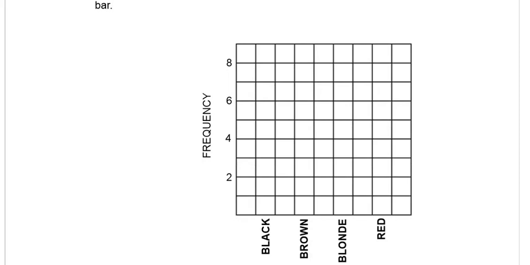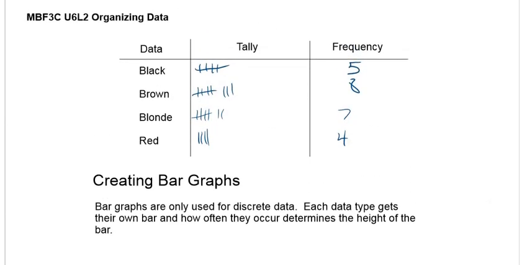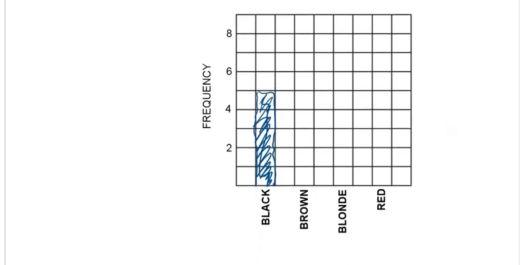For black hair, we said that's going to be 5. You're going to use a ruler for this, but because it's a little hard to do with my tablet, I'm just going to draw as neatly as I can. We said 5 in our frequency table for black.